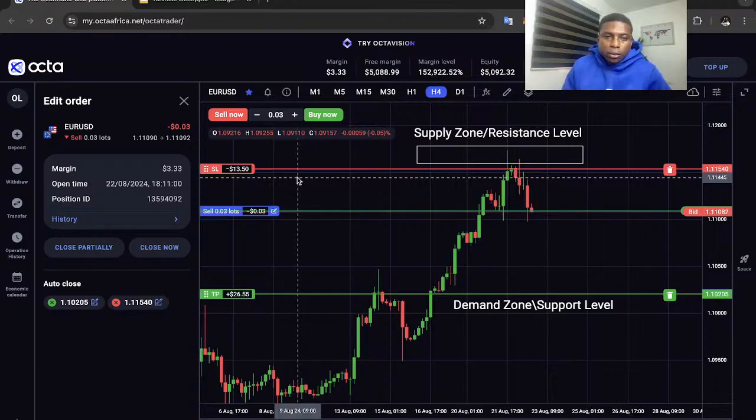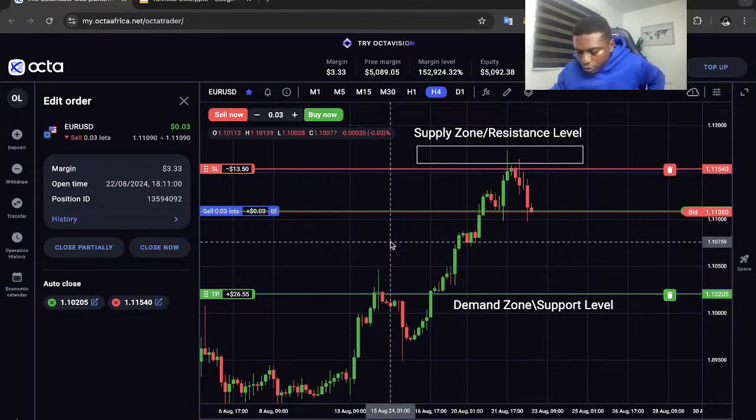Your stop loss shouldn't be larger or almost the same size as your take profit level. Because we are trying to use the 2-to-1 ratio, risk to reward ratio, risking 1 to 2 of your reward. That's how it should be.